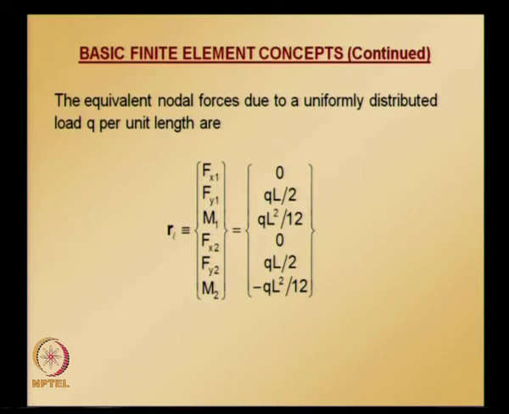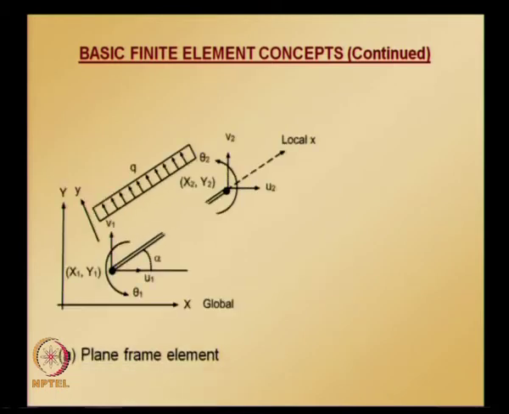All element nodal coordinates are defined with respect to this coordinate system. An arbitrarily oriented plane frame is shown here. So, now whatever equations that we have in the local coordinate system, we need to see how they get transformed into this global coordinate system xy.